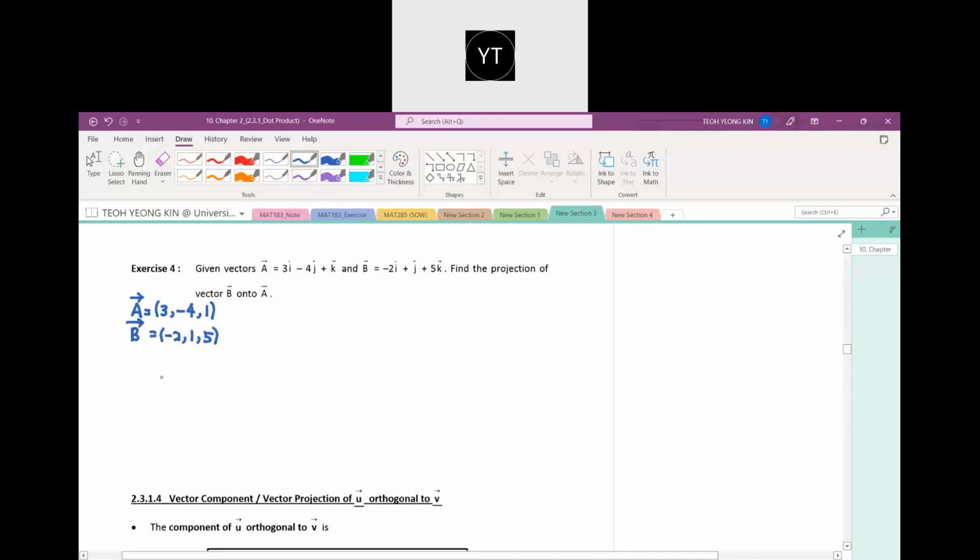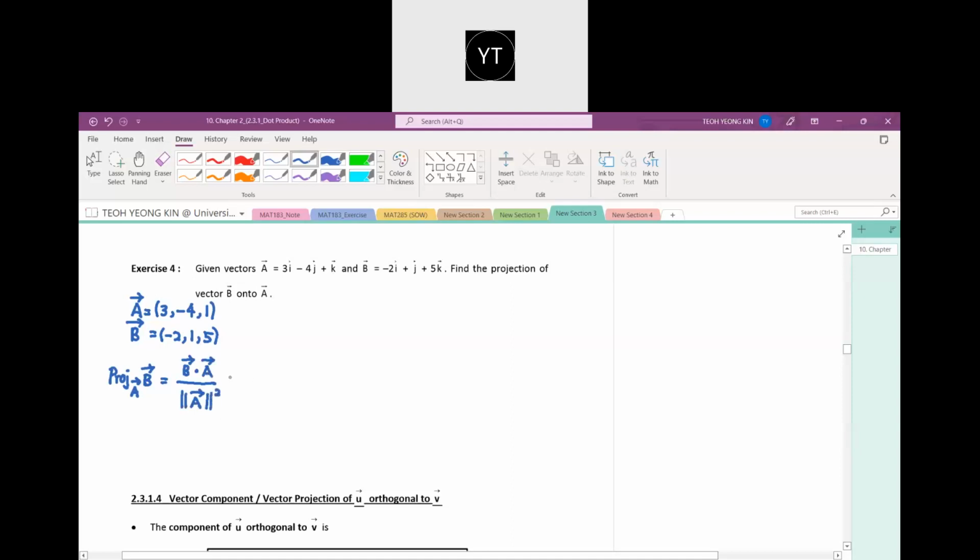So don't forget the formula will be projection of vector B onto vector A. So the formula will be the dot product of vector B and vector A, divided by the magnitude of vector A. Don't forget we have square here.